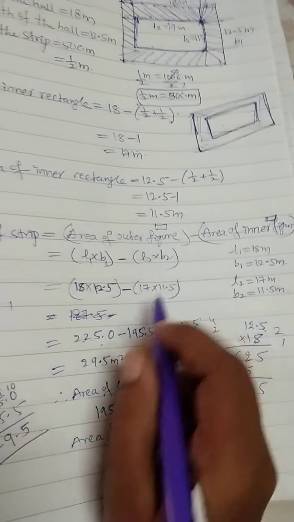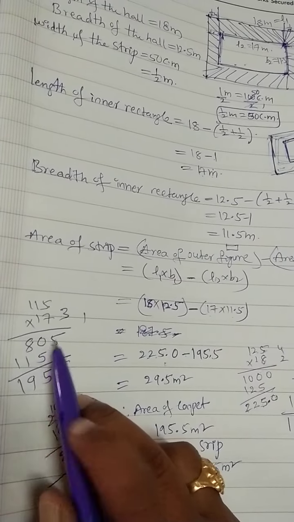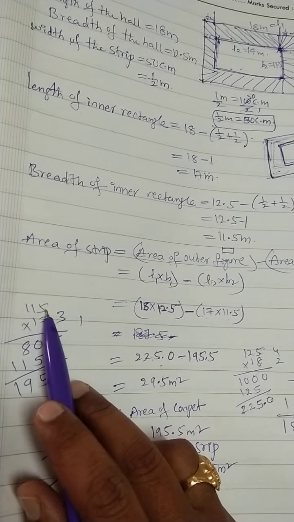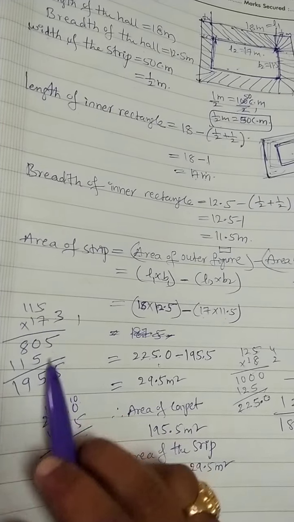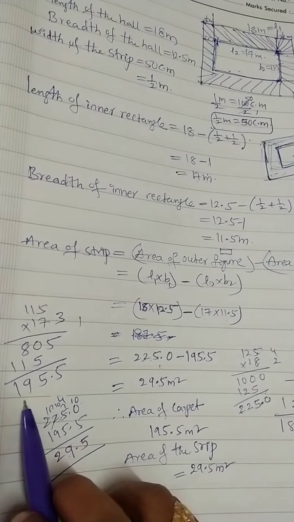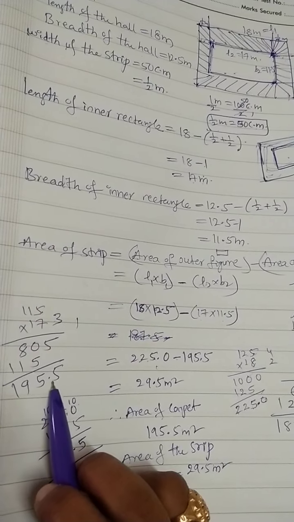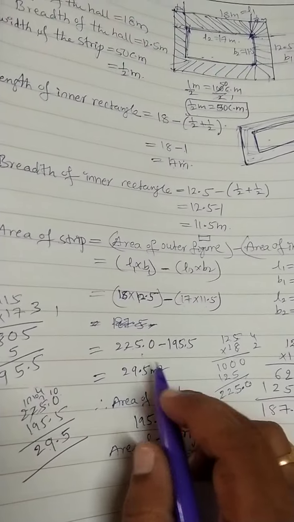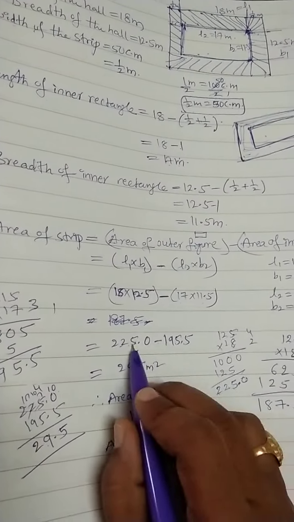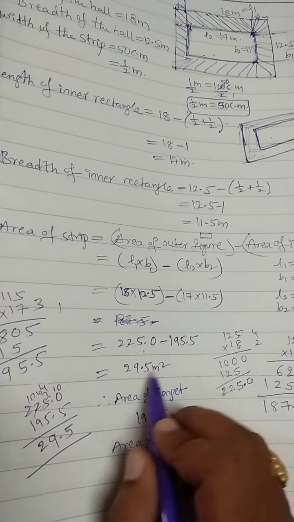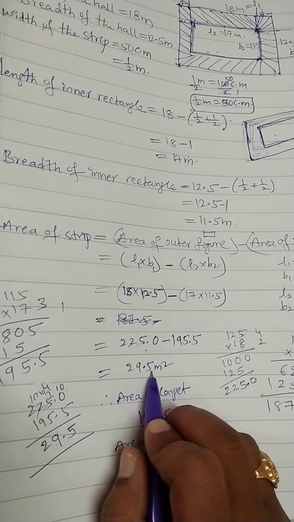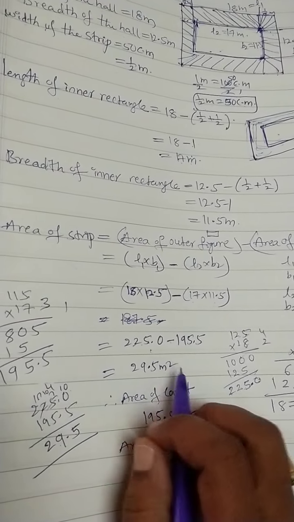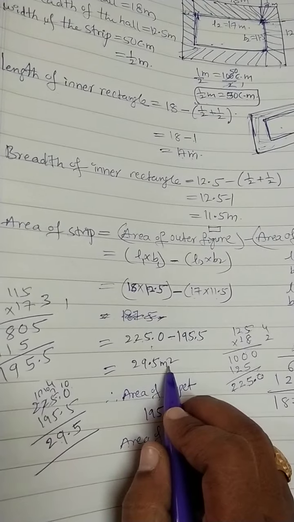This also you can multiply: 115 into 17, you will get 195.5. Decimal point also we consider in the answer. From this you subtract this value, so you will get 29.5 meter square, the area of the uncovered region.